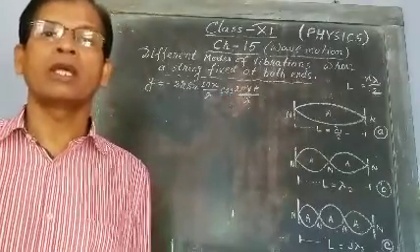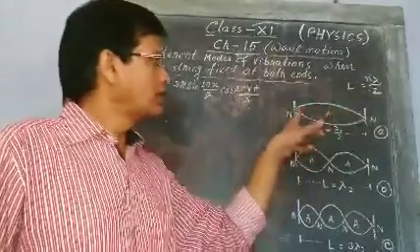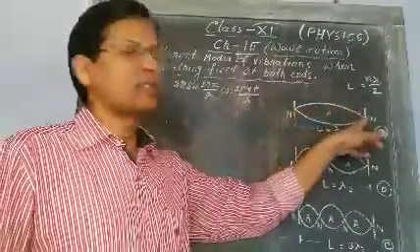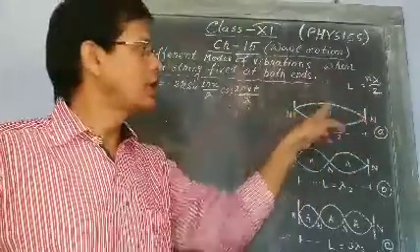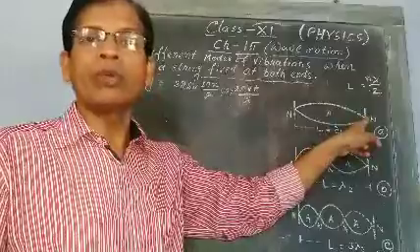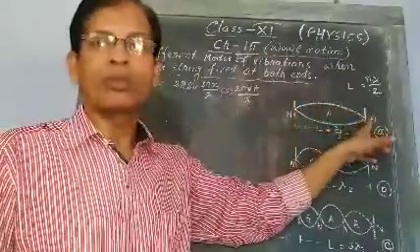This is the equation. Now, if the string is fixed at this point and at this point, there will be no vibration at either point. So y will be 0 at both.